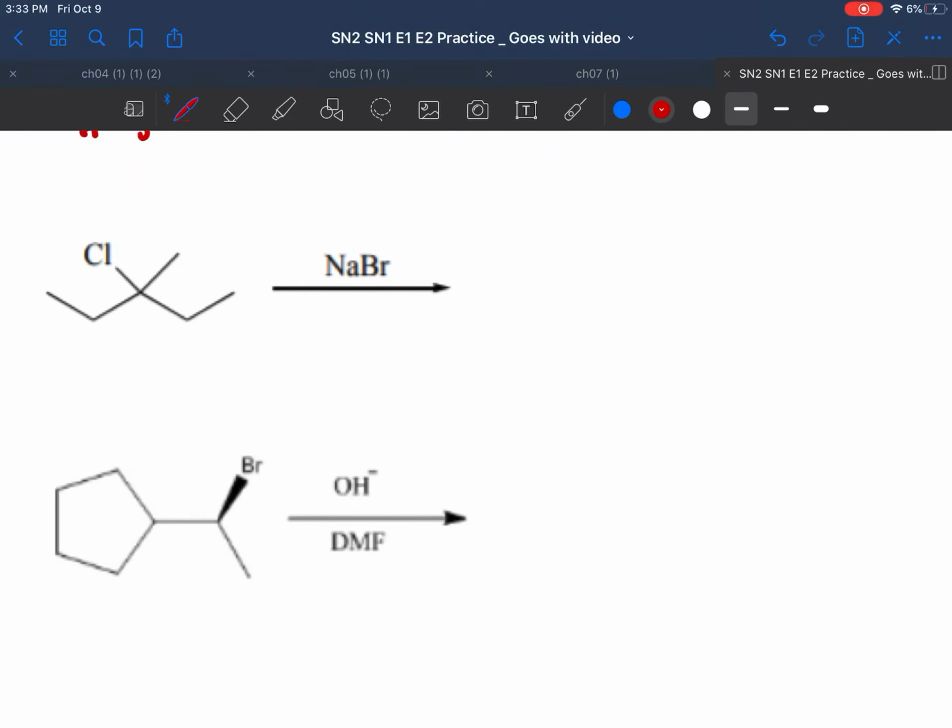For the next problem, we have the same starting material, a tertiary alkyl halide, and we have a strong nucleophile, but a bromide is a weak base. Now, when we have a strong nucleophile, but it's a weak base, it's going to want to do substitution.